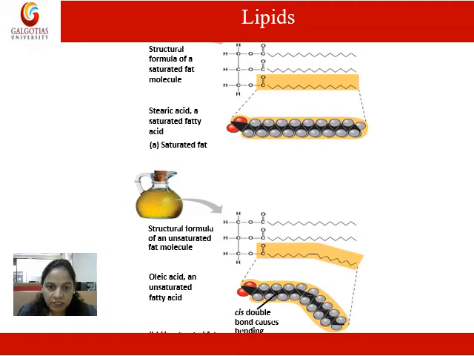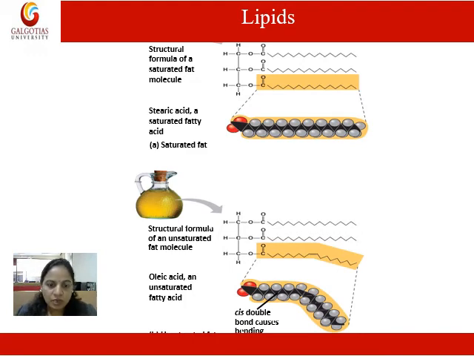It may be stearic acid, it may be palmitic acid with which you react the glycerol by dehydration reaction, and then you will get a number of ester linkages. So if it has a saturated orientation, then it is called a saturated fat altogether. It may be through stearic acid or through palmitic acid.